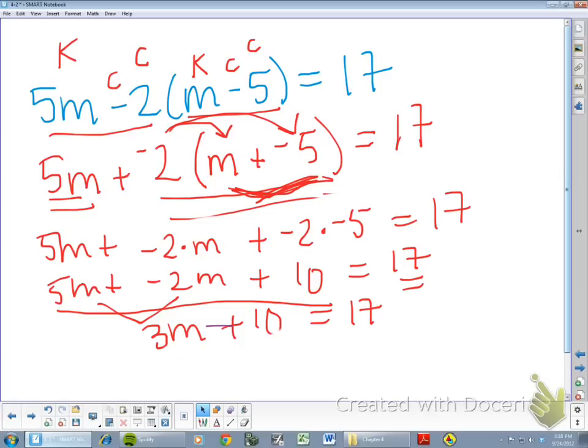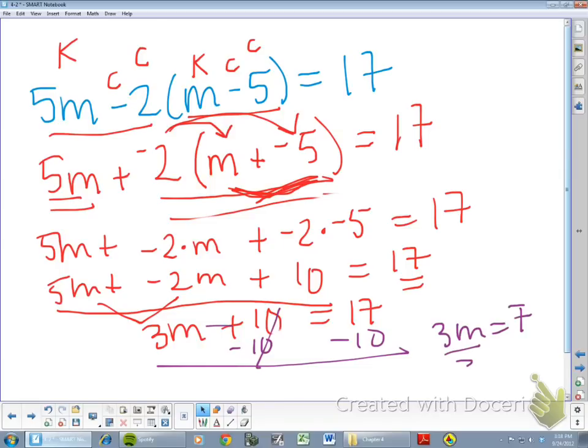I'm going to subtract 10 from both sides. So I have 3m is equal to 7. Okay, now divide each side by 3. m should be equal to 2 1/3, right? Or 2.3, and the 3 is repeating.